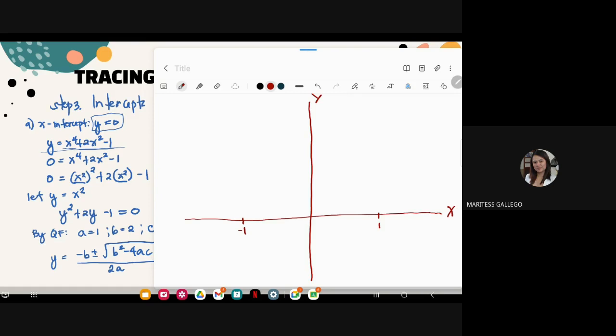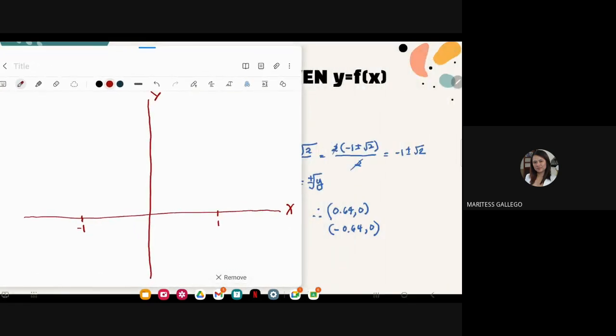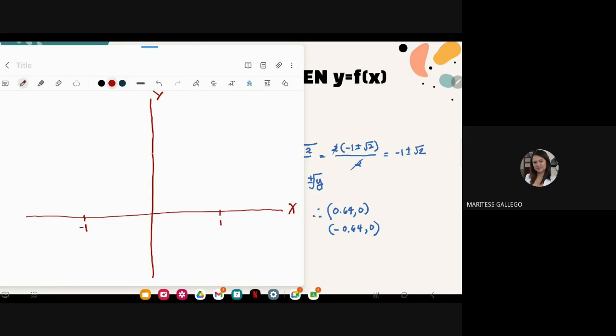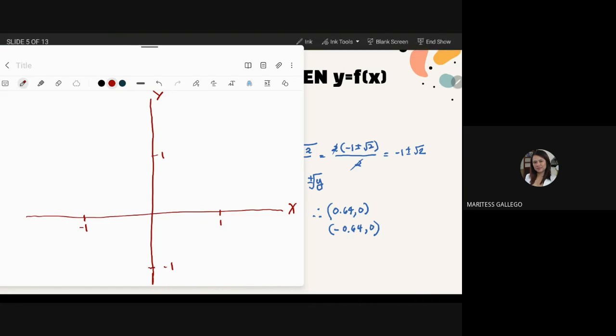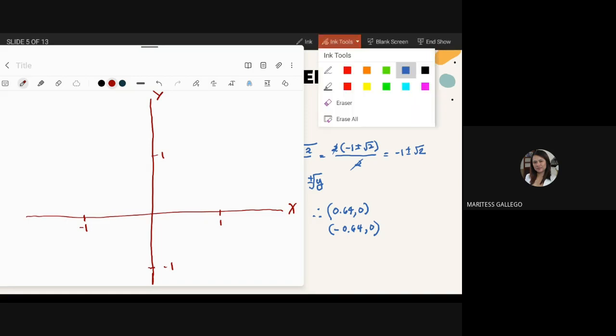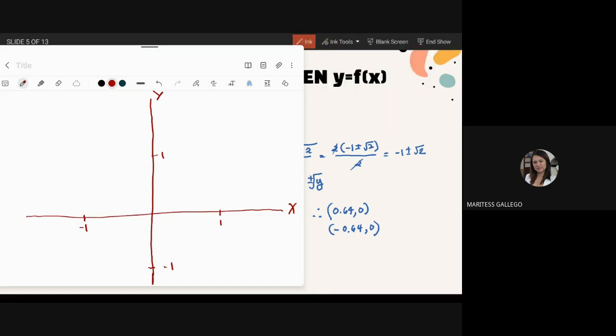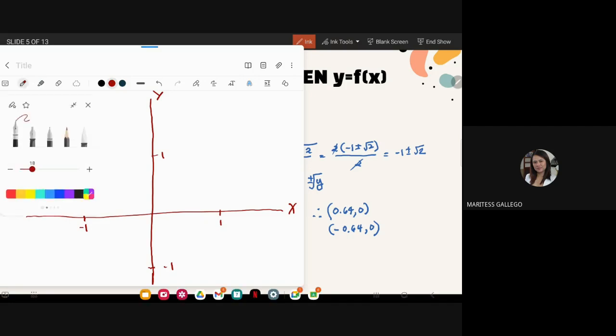X is 0.6. Okay, so 0.6 and 0. So, nasaan? Ay, sorry. Okay, so this is 0.5. Kung ito 0.5, andito tayo, 0.6.